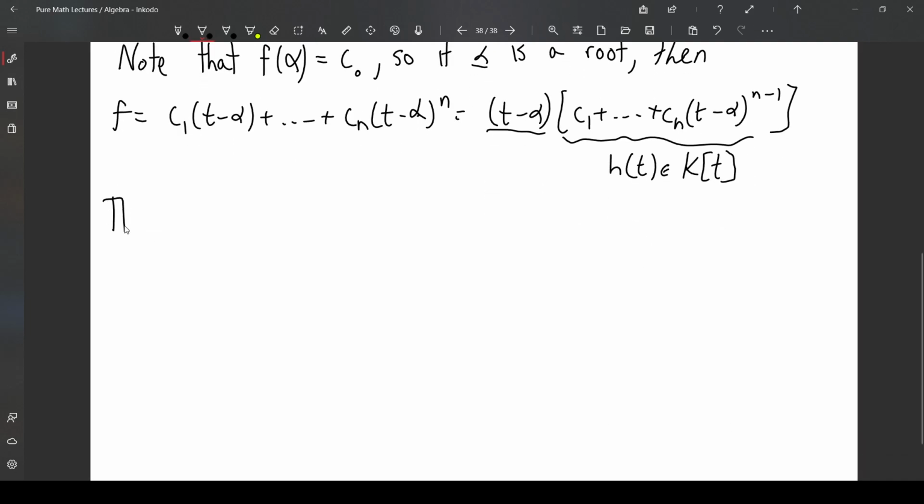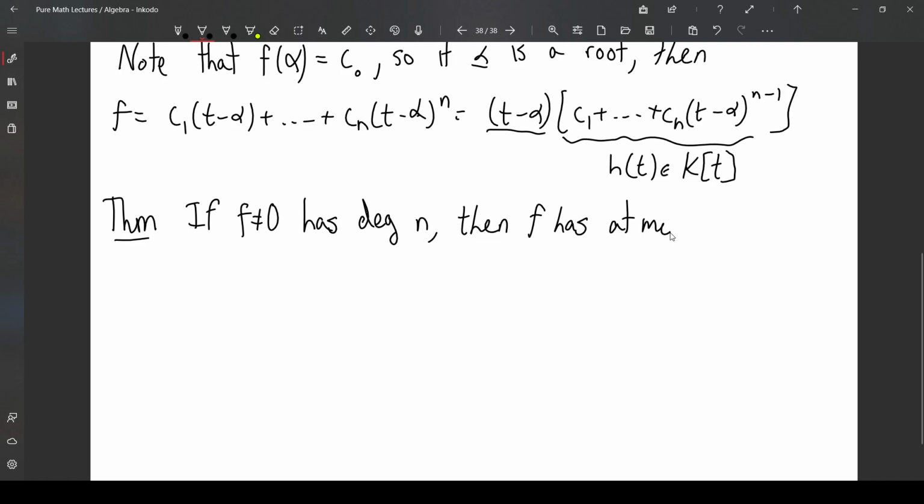So the theorem that we now show is that if f not equal to 0 has degree n, then f has at most n roots. And the idea is essentially by induction on n.